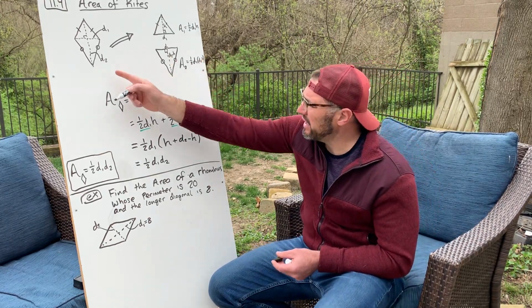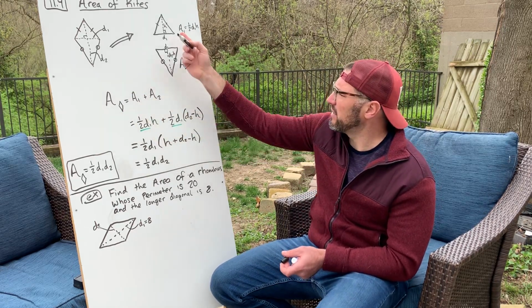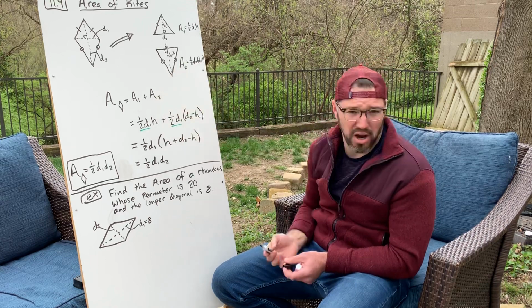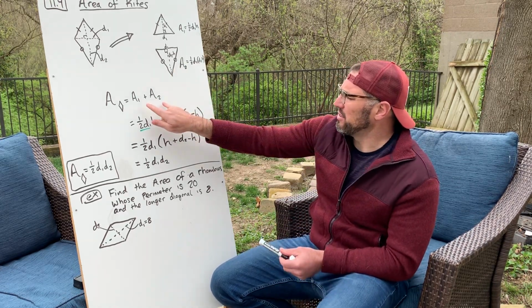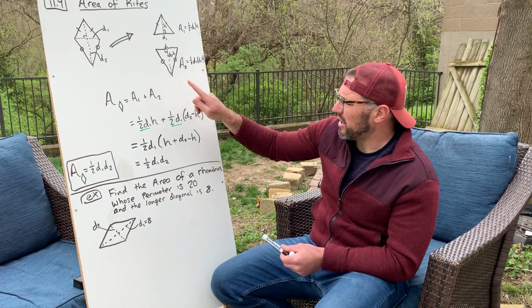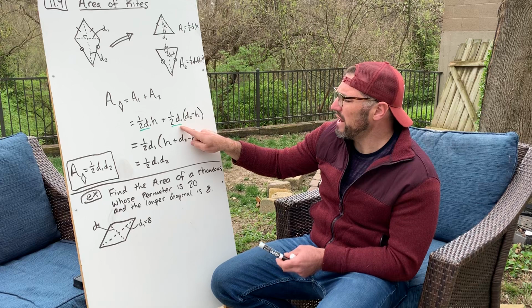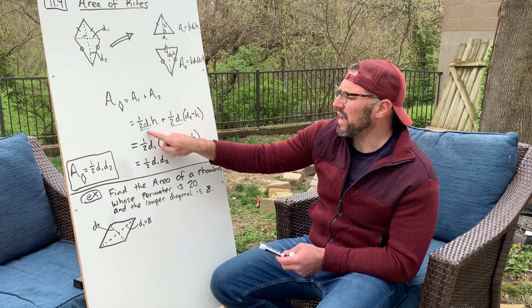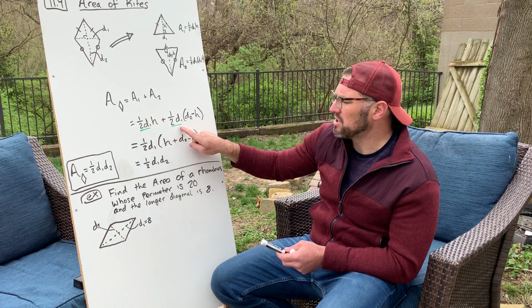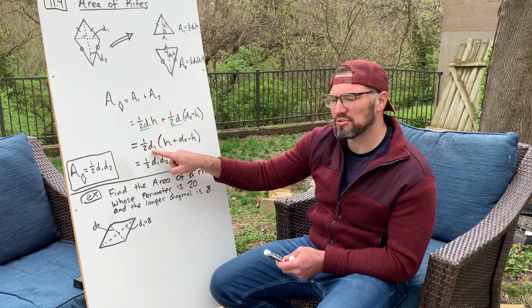Now the area in general for this kite, or any kite, is just A1, the area of that triangle, plus the area of the other triangle. You agree? So I'm going to replace the values of A1 and A2 that I figured out. A1 is 1/2 D1 times H. A2 is 1/2 D1 times (D2 minus H). Notice they have 1/2 times D1 in common, so I'm going to factor out a 1/2 times D1.